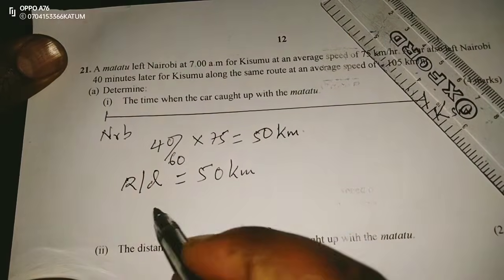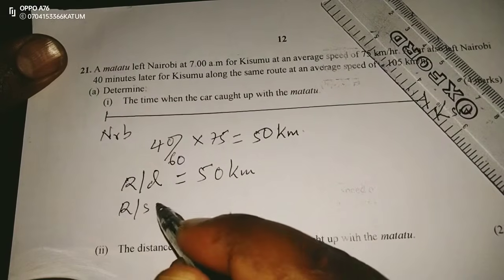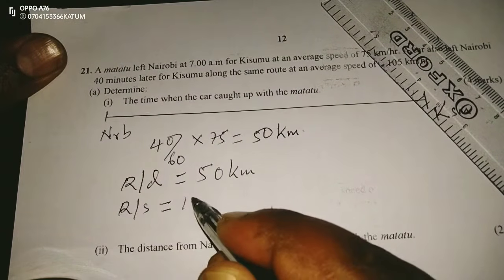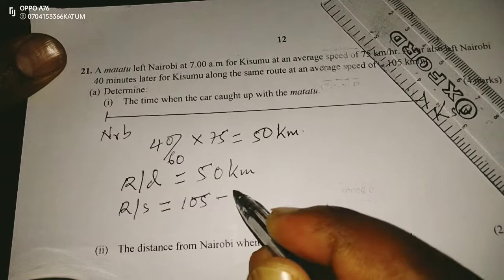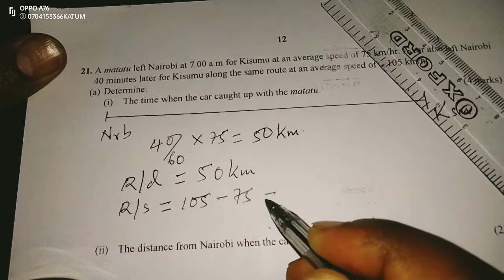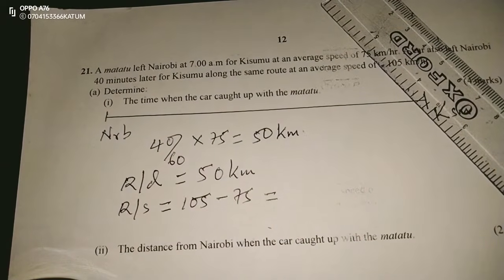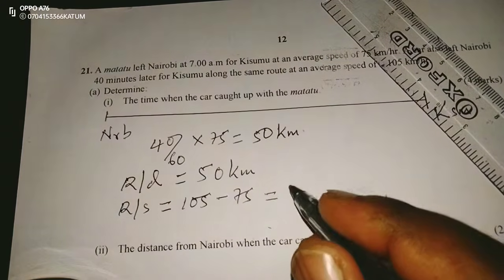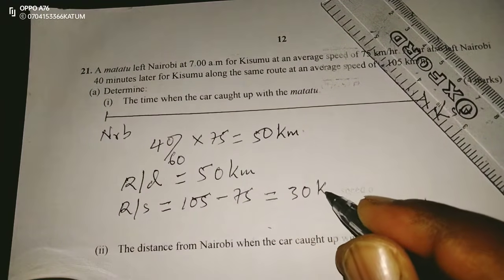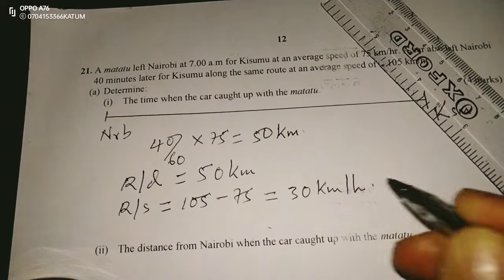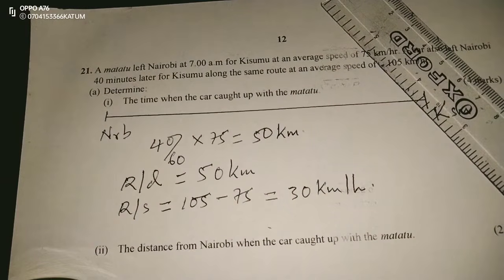km. Now there is relative speed, which is going to be the difference between 105 and 75. This is going to be, is it exactly 30? Yes, 30 kilometers per hour. Now there is a speed of 30 kilometers per hour at which the car is approaching the matatu.